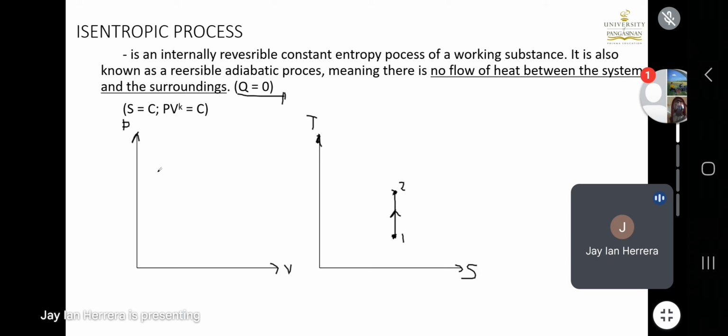Same lang rin sa PV natin, kasi this is 1, then this is 2. Curved line lang din siya.